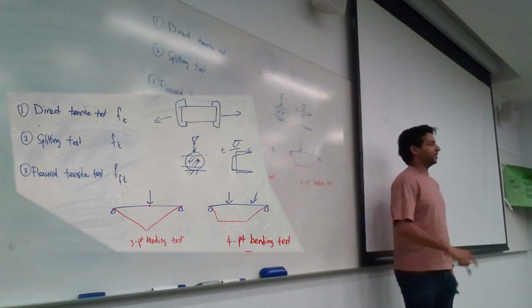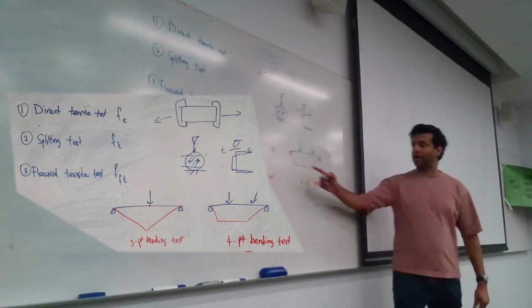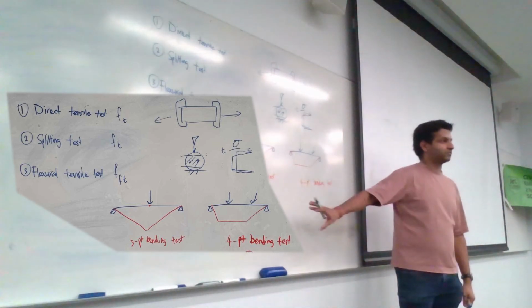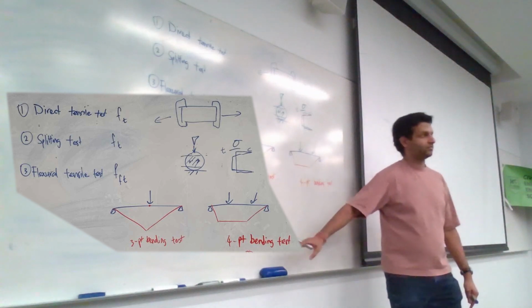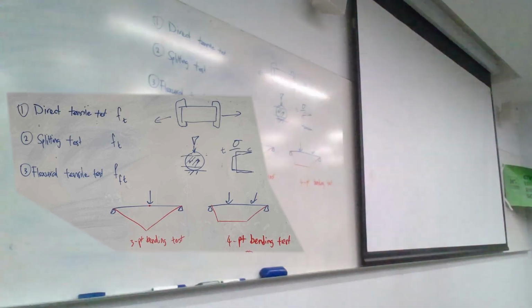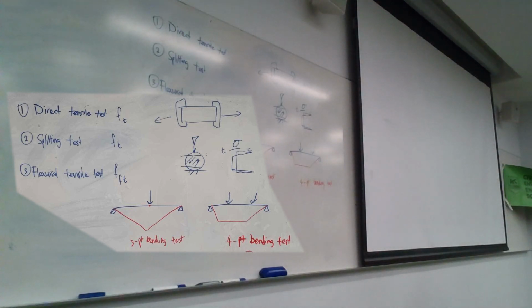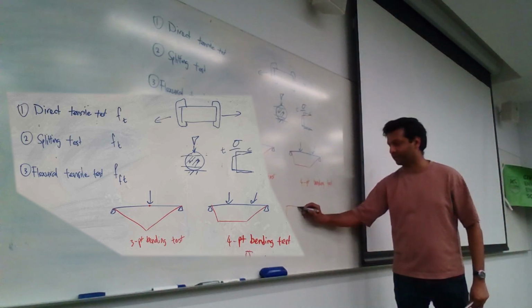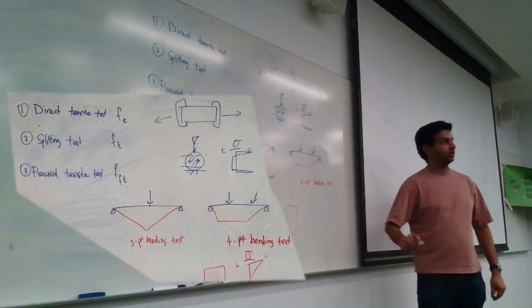Now, the important part here is, how does this test get you the tensile strength of concrete? Because you're bending the concrete, right? How do you get the tensile strength of concrete? From the bottom side. Very good. So the cross section, let's say it's a rectangular cross section, it looks like that, right?